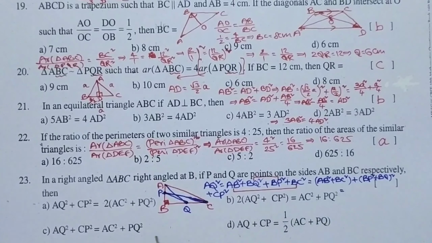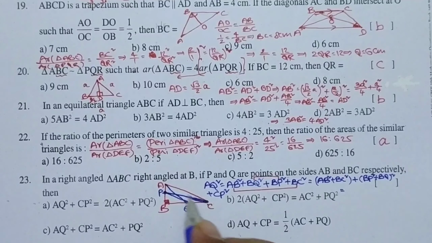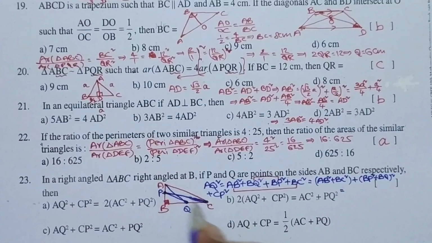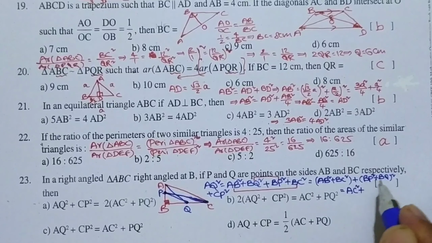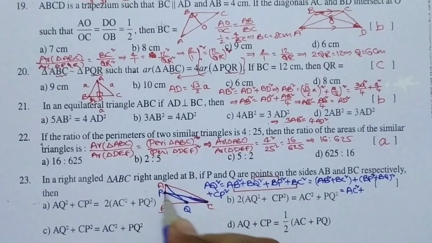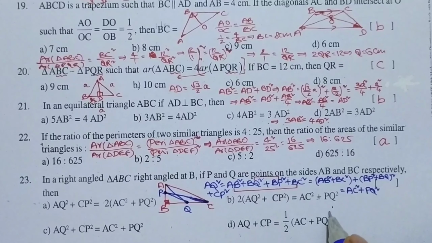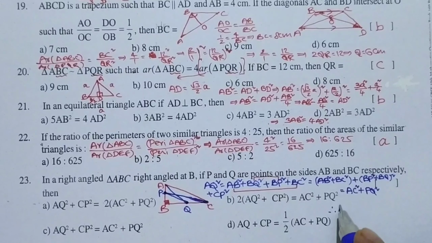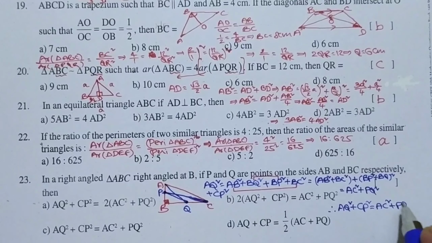Now from the triangles, AB square plus BC square from triangle ABC can be replaced with AC square, by Pythagoras theorem, plus BP square plus BQ square, which from triangle PBQ can be written as PQ square. So finally, AQ square plus CP square equals AC square plus PQ square.